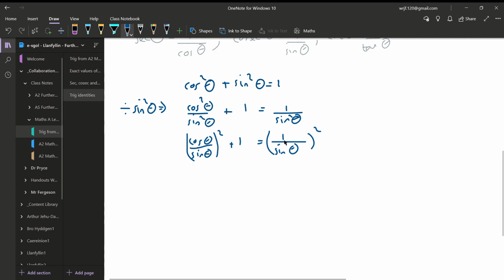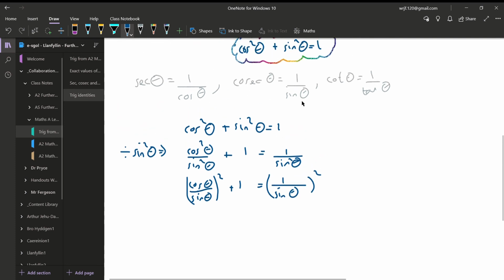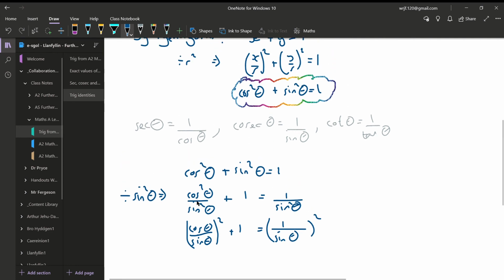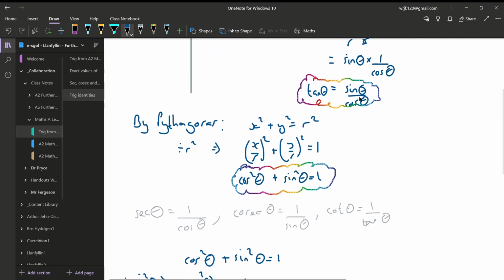And 1 over sine theta is, of course, cosec theta, so we can have this right-hand side of this as cosec squared theta.